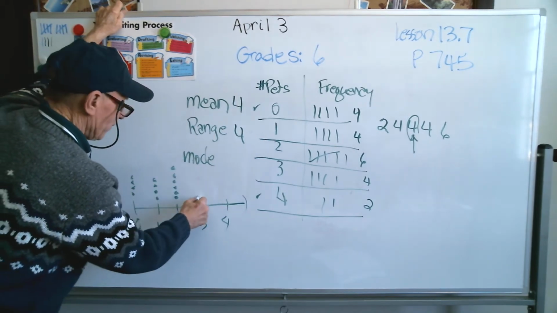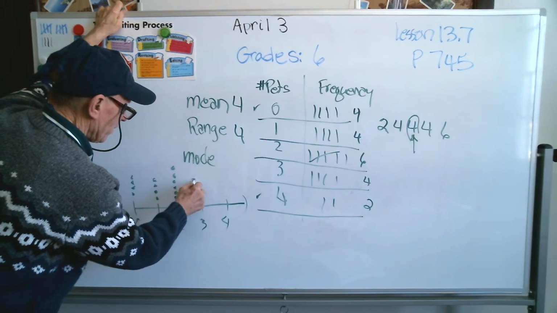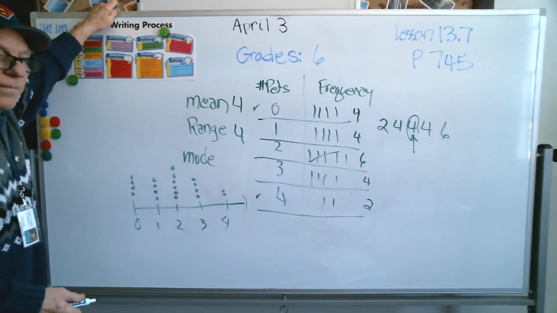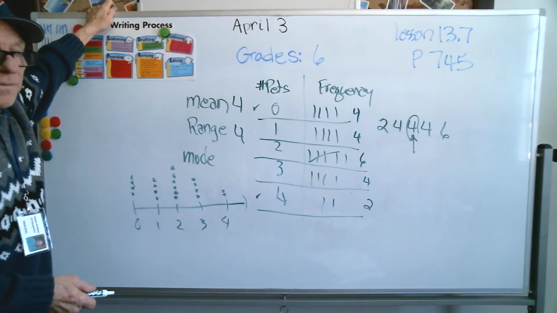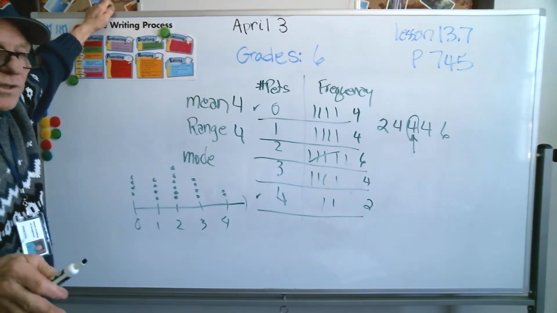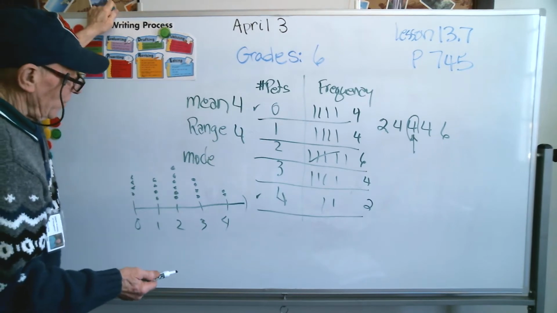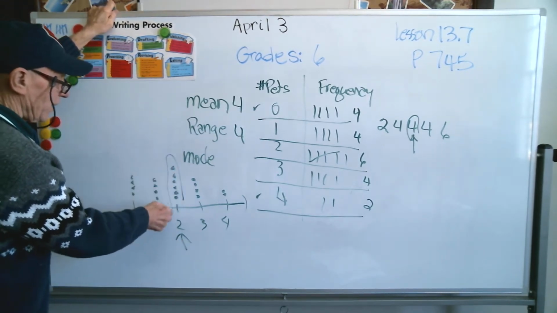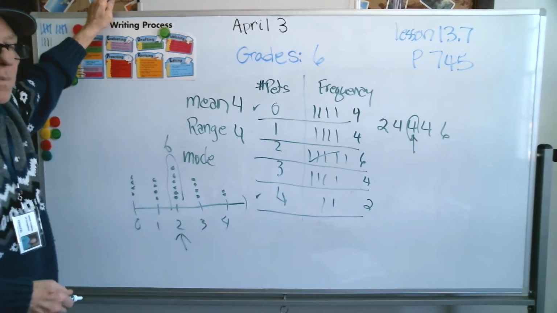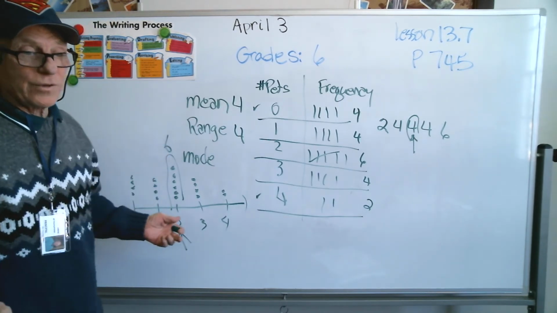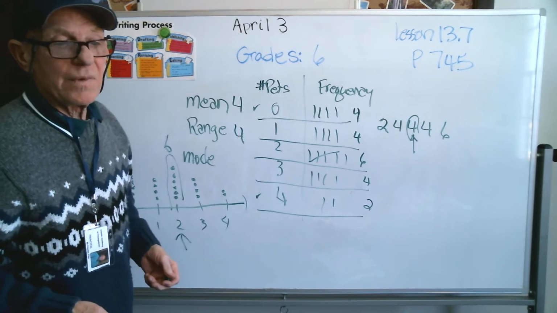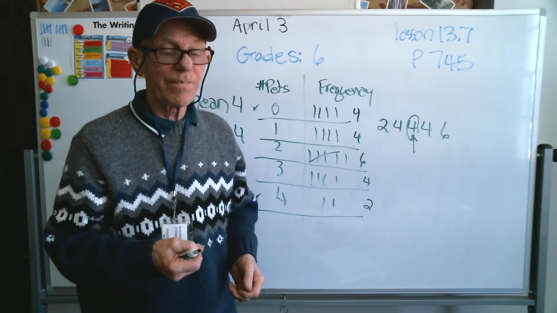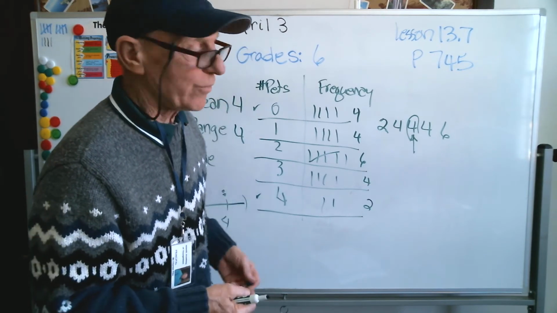At 3, we've got 4. And at 4, we've got 2. So looking at our dot plot, see how easy that was? You guys are so good at this stuff now. The one that occurs most frequently is right here, 6. So that means you can pretty well predict that most people are going to have 2 pets because that's what occurred most frequently.